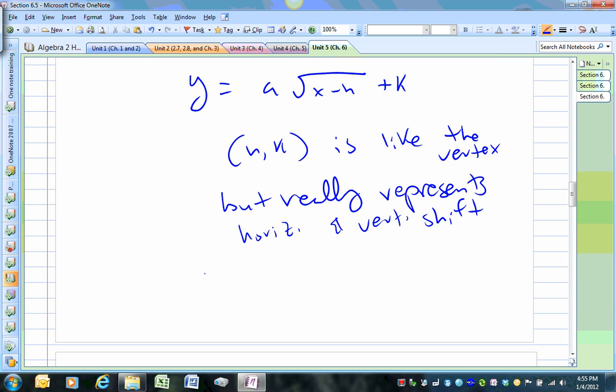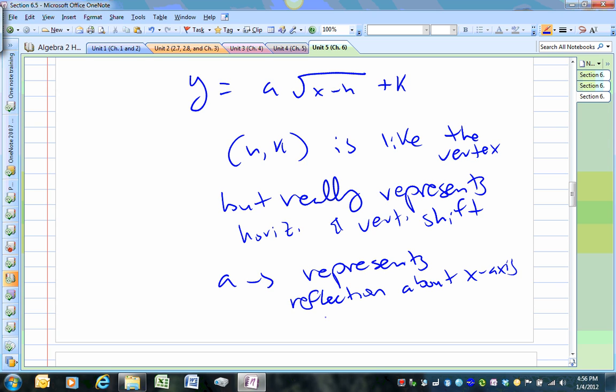And a, like before, represents reflection about the x-axis, and vertical stretching or shrinking.